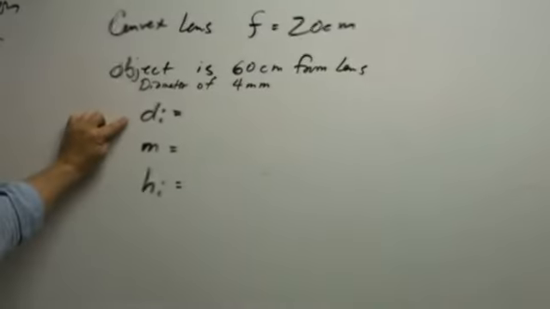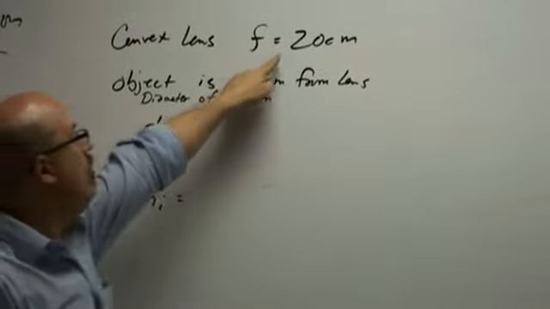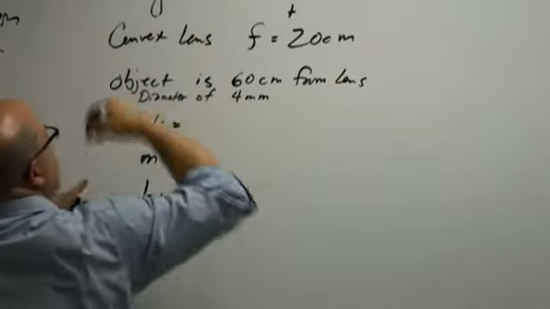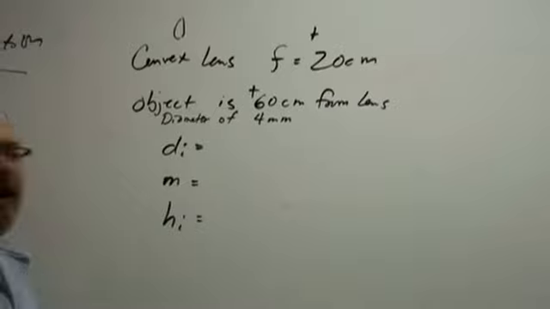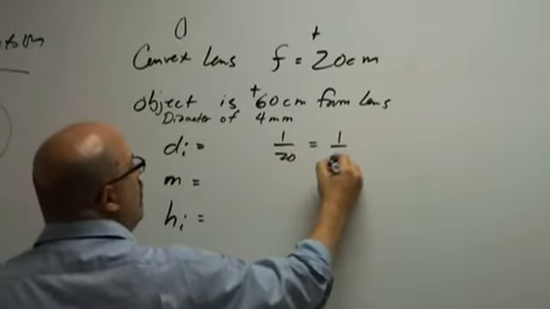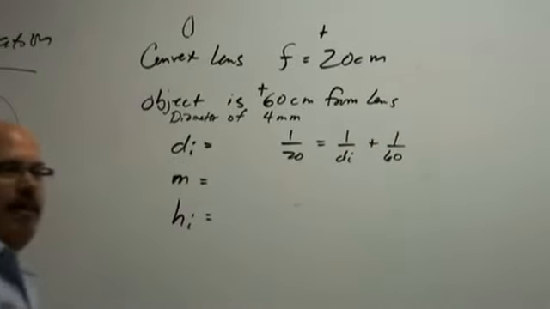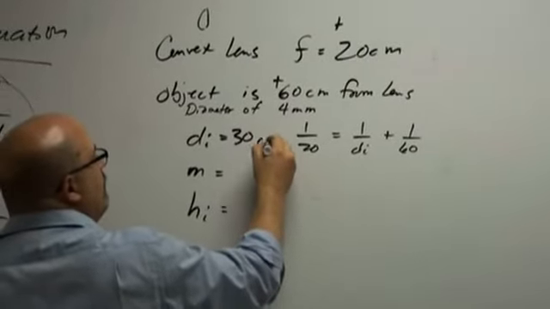Problem number 1. Convex lens, focal length 20. So decide real quick. Focal length, positive or negative? Positive because we're talking this kind of lens. So that's always positive. For my object, we're not going to have any virtual objects. So this is going to be 1 over 20 equals 1 over di plus 1 over 60. So what does di become? 30 centimeters.